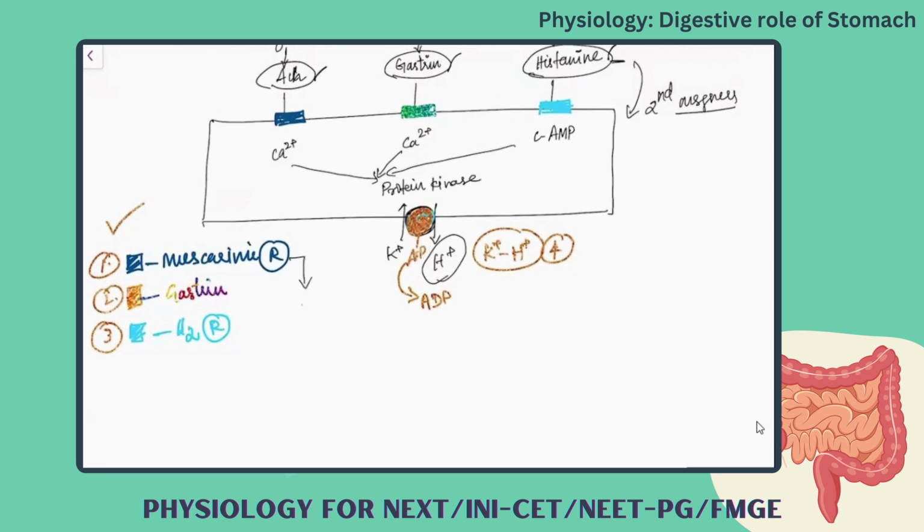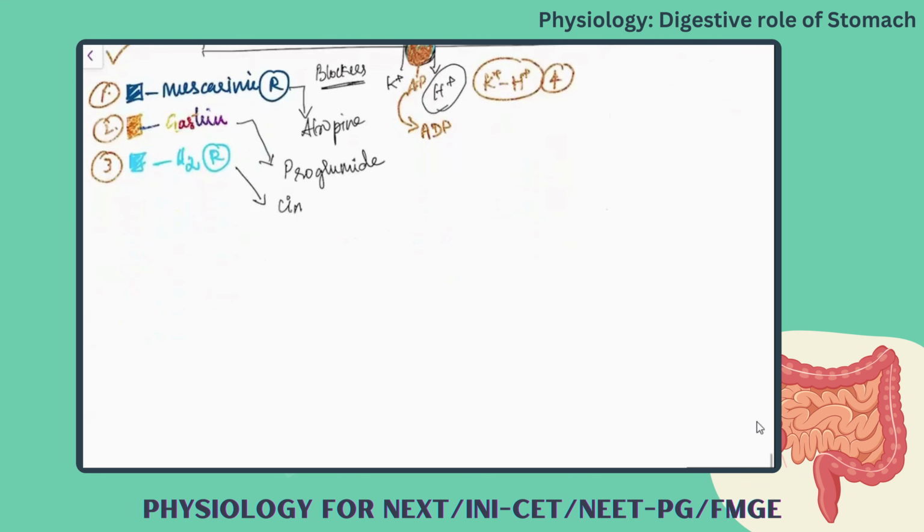Muscarinic receptors are mainly blocked by atropine, the gastrin receptors are mainly blocked by the substance called proglumide, and the H2 receptors mainly by cimetidine. And finally, the fourth one, the potassium H plus exchanger, is blocked by omeprazole.